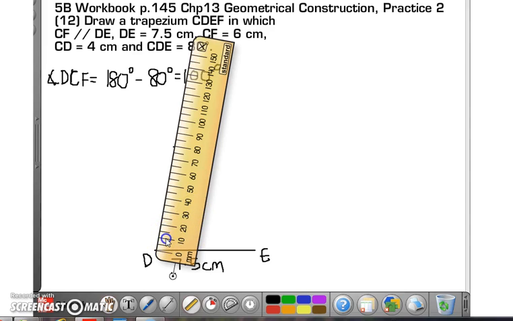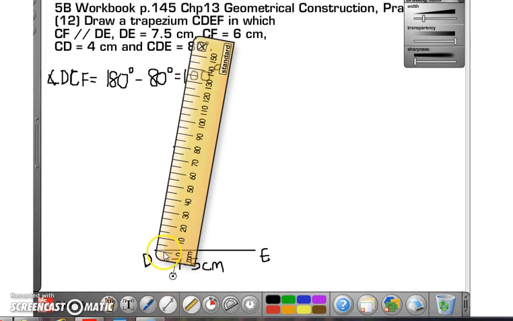It's going to start at 0 centimeters to get a 4 centimeters length from D. 4 centimeters.